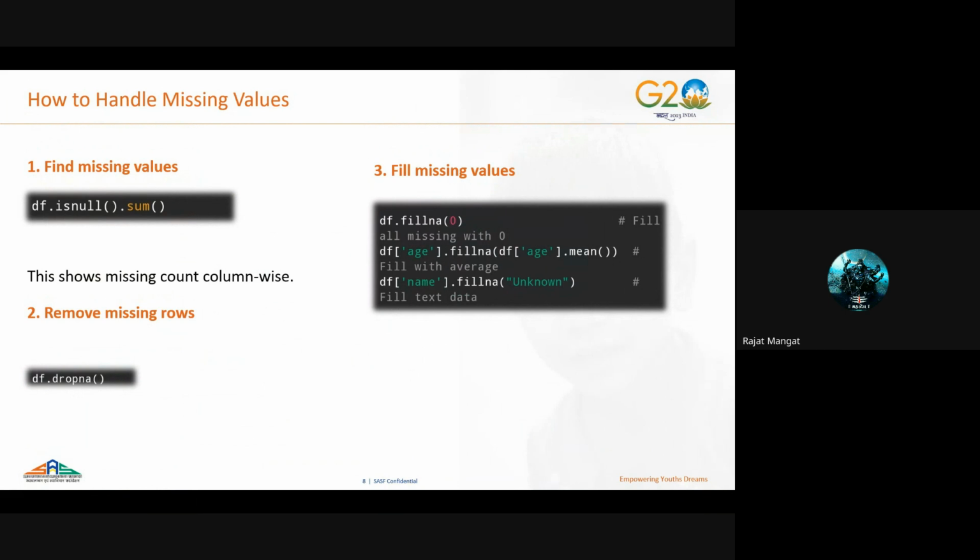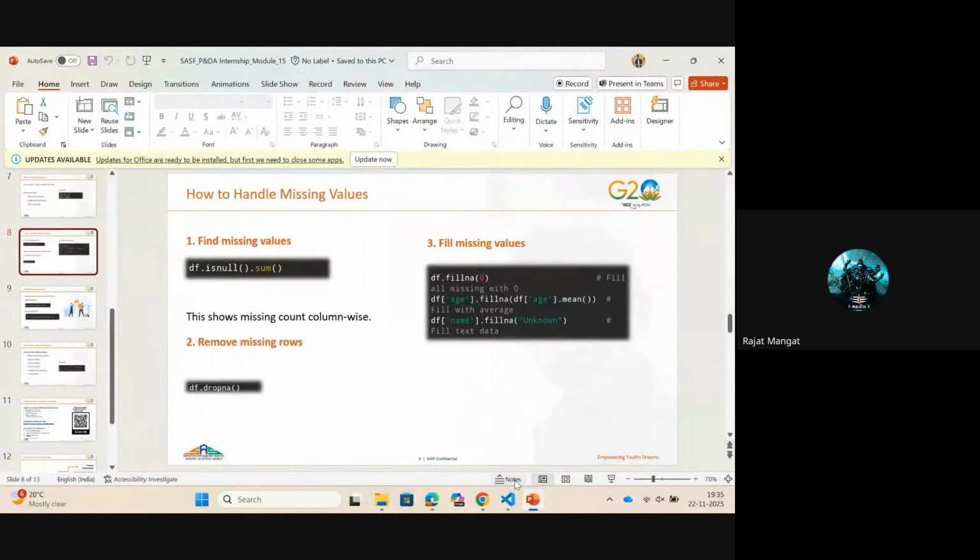But we don't use this very often, because if you drop the whole row, all the details of that particular candidate are removed. So either you can fill it with 0, or you can fill it with average, or you can fill it with text. These are the ways to deal with missing values.